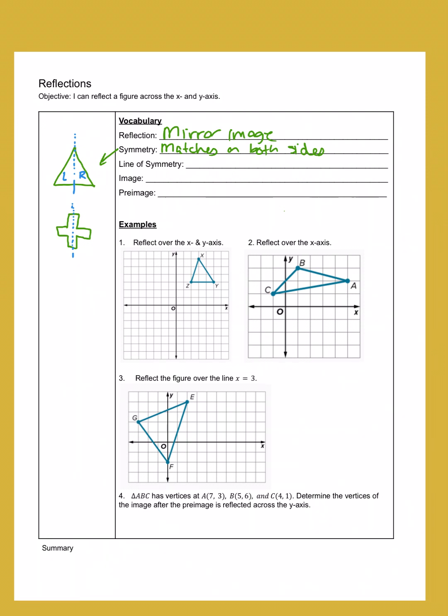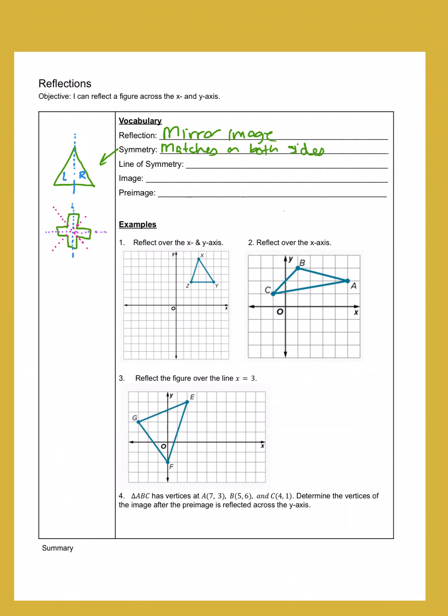Or if I fold it this direction right down the middle, it would also fold onto itself. So it has two lines of symmetry. And really, I even think that, now it's hard to tell because I didn't draw great, but if I were to fold it along either of these diagonal lines, it would still line up. So that one has lots of lines of symmetry. And some shapes only have one, and some shapes don't have any lines of symmetry.